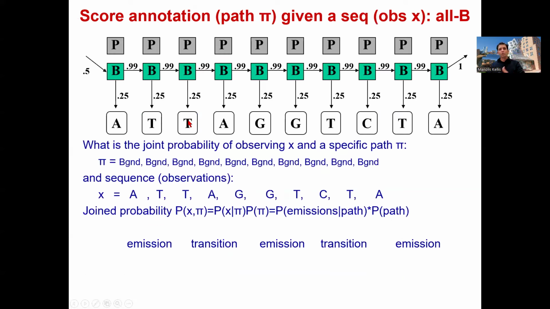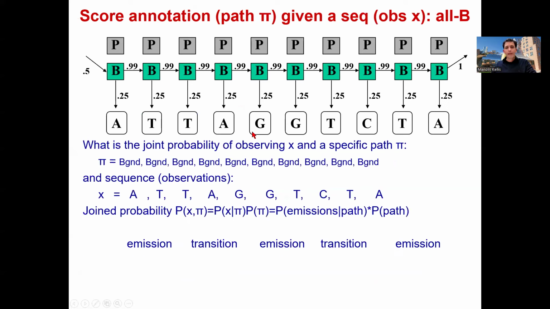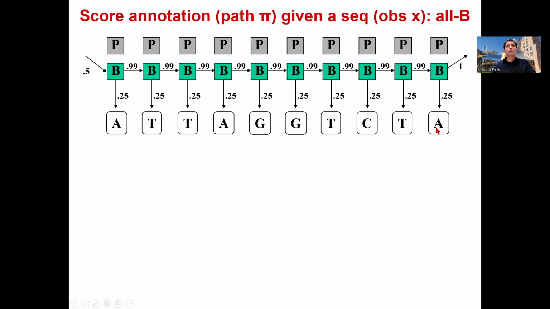So now I have an observation. I basically see ATT, AGG, TCTA. What is the chance that this was generated by background only? Well, 0.25, 0.25, 0.25, 0.25, and of course the transition probabilities, because there's a 0.01 chance of exiting every single time. Everybody with me here?